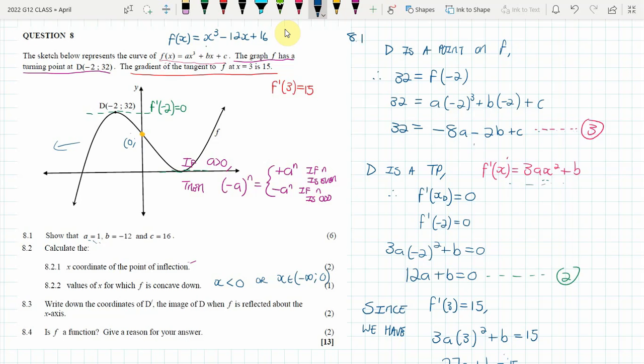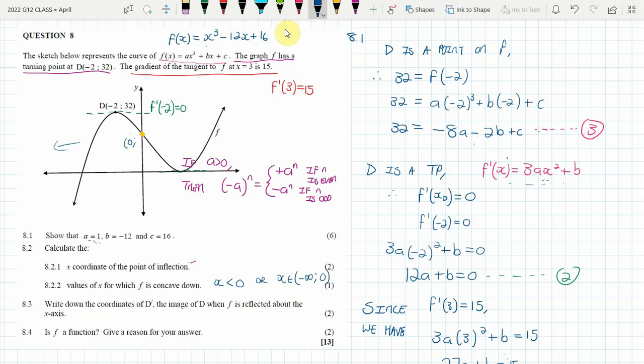We are not going to include 0 because at 0 it is neither concave up nor down, or it could be either. Do you understand this reasoning? Yes.